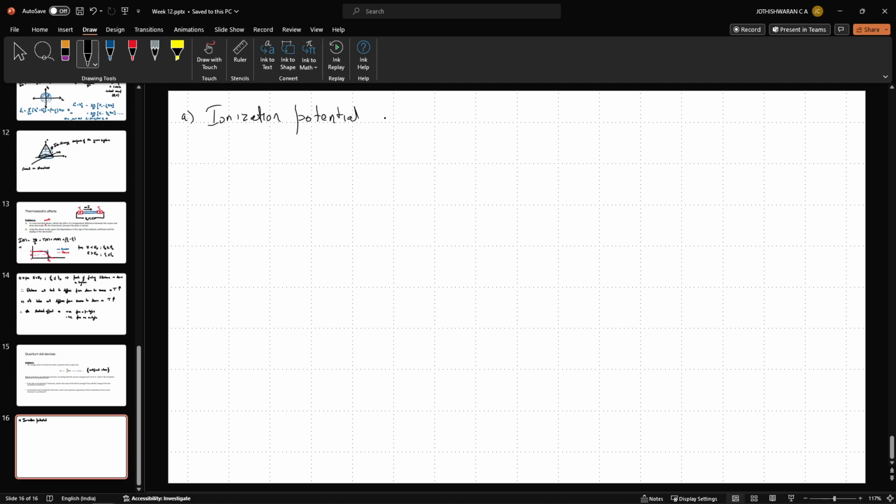Since I have not mentioned that, what we have to do is take E of 1 minus E infinity, or rather it's the other way around. It is E infinity minus E of 1, divided by the charge of an electron.